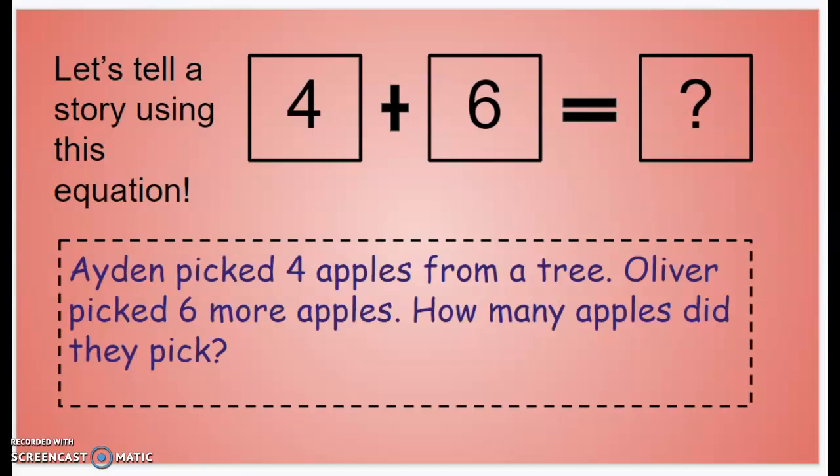Aiden picked 4 apples from a tree. Oliver picked 6 more apples. How many apples did they pick? In this problem, I know my 2 parts. So I am going to use what I know to try to solve this problem.